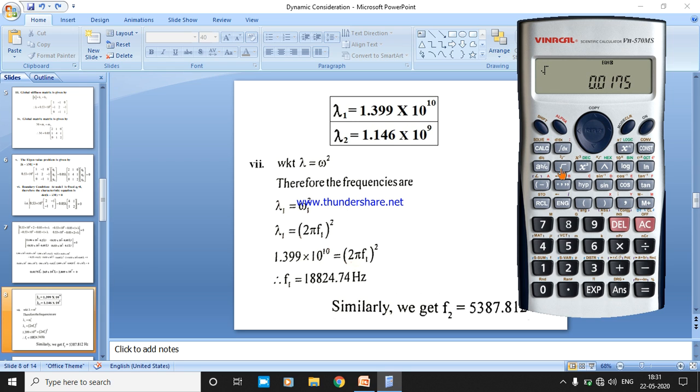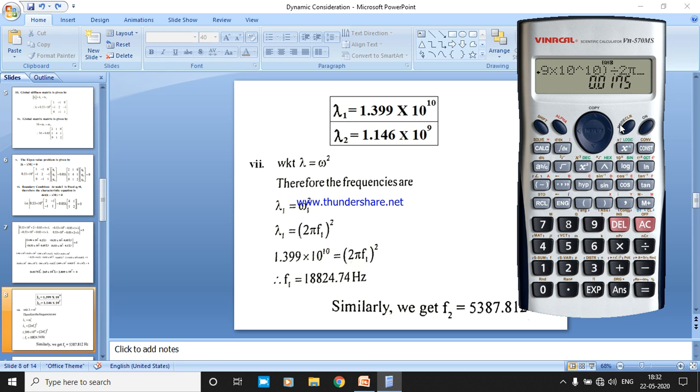So square root of 1.399 into 10 raised to 10, in brackets, and 2 pi comes there, so divided by 2 pi.